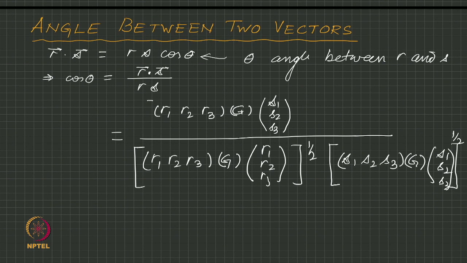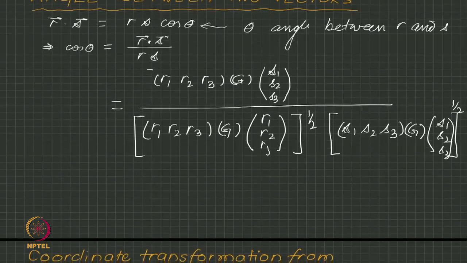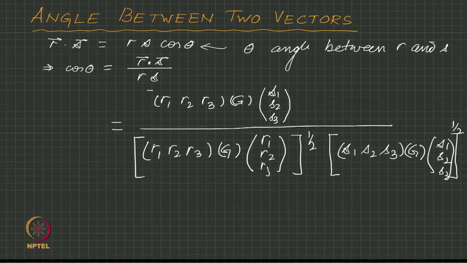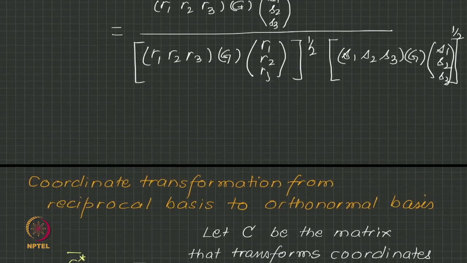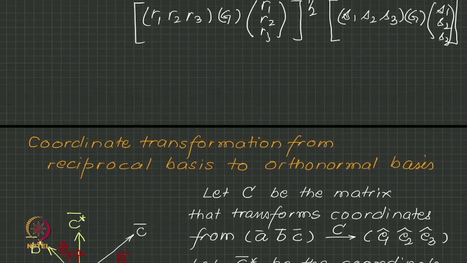So, crystallography just forces you to generalize yourself, come out of your comfort zone of orthonormal Cartesian basis. But as you can see, once you have this metric tensor, the discomfort is not so much, you can still calculate everything.